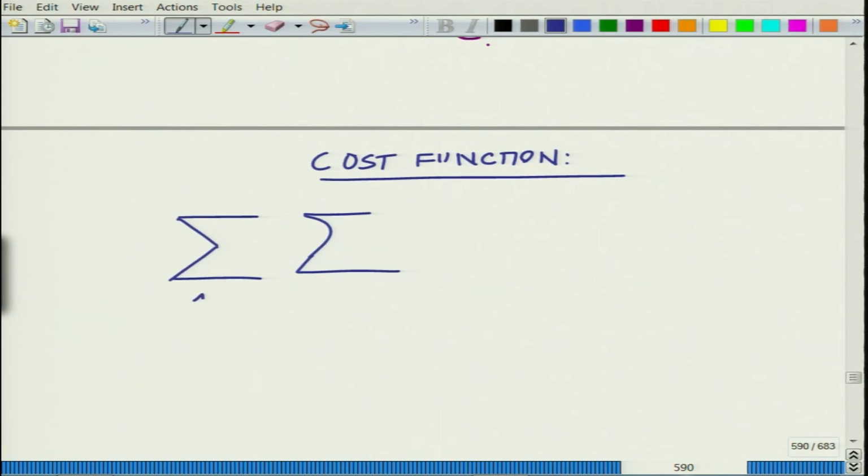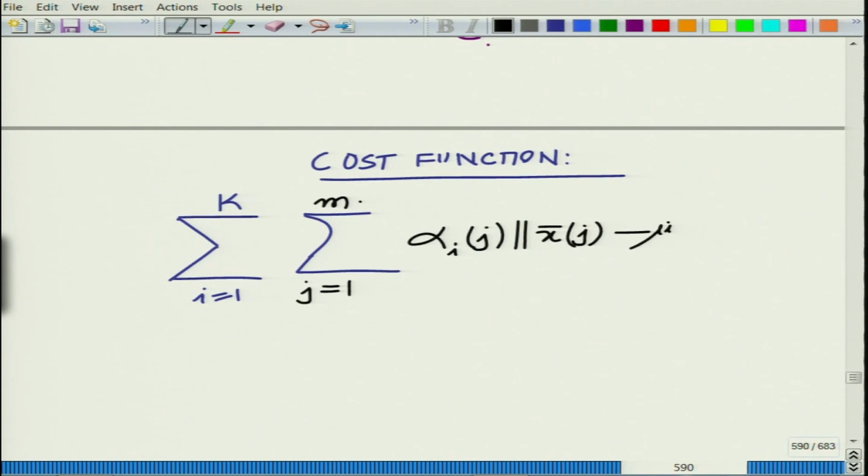We want to sum over all the clusters i equal to 1 to k, sum over all the points j equal to 1 to m, alpha i j times the norm of x bar j minus mu bar i.